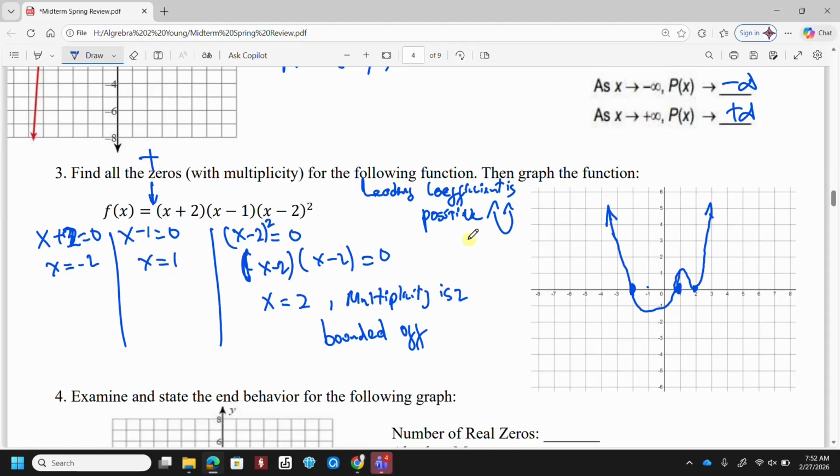Okay, so you can see this one goes through this point, so this is negative 2, 1, 2. And both end behaviors go up. So that's how you sketch a graph.